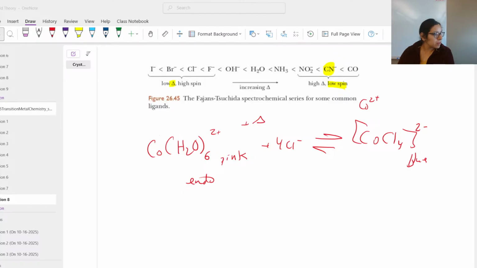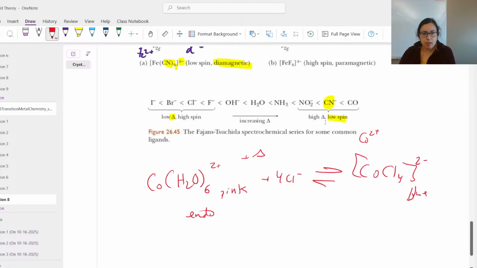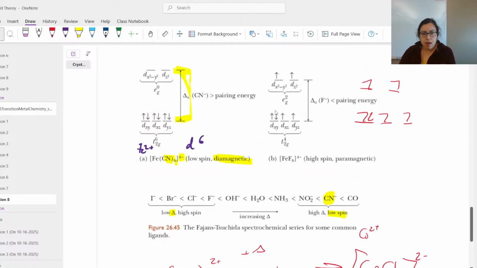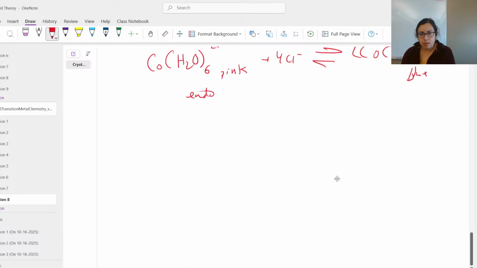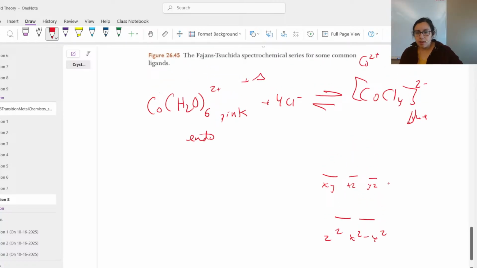Well, let's assume tetrahedral, right? So then it's going to have a flipped diagram from our octahedral. So 2 on bottom, 3 on top, so our non-bonding, and then XY, XZ, YZ. And so again, we're predicting a smaller energy gap.